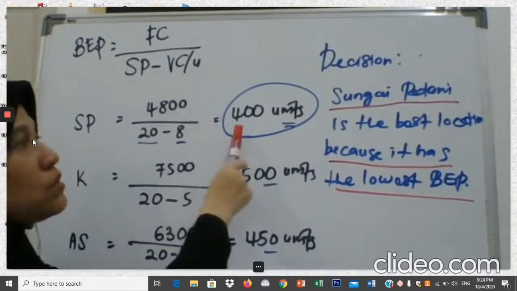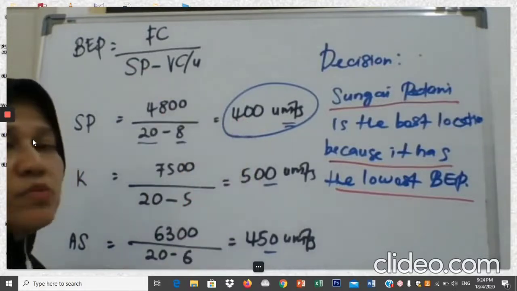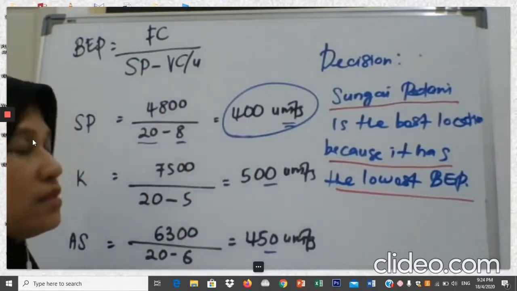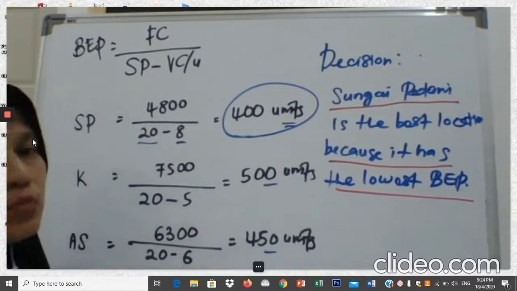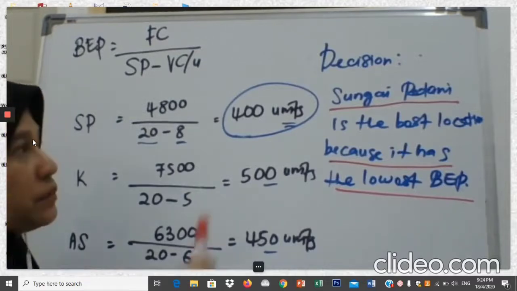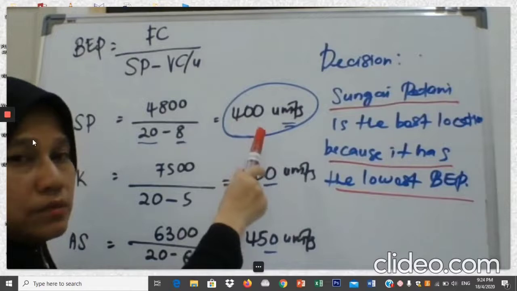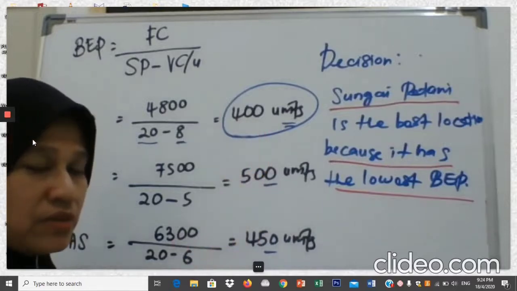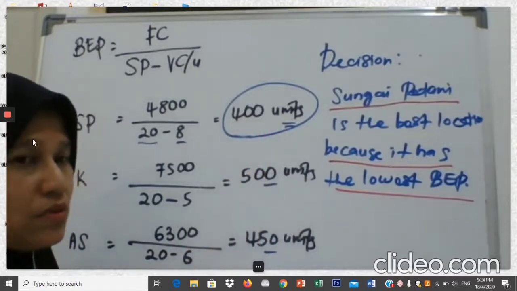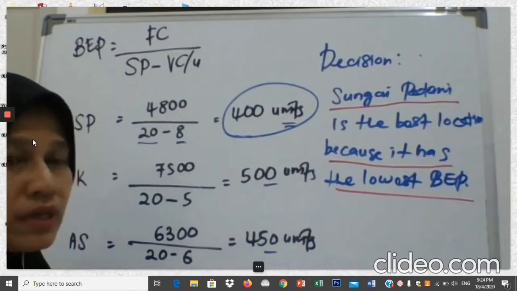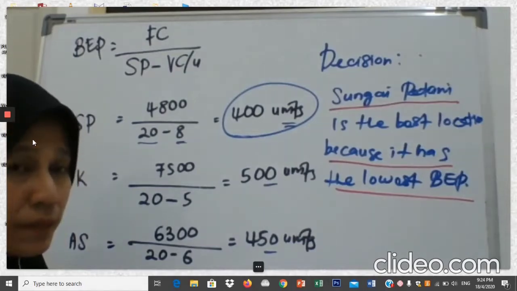Why lowest? Because by having the lowest break-even point, it indicates that this location can generate profit faster. When the company produces 400 units, the company will break even, meaning zero profit, zero loss. So when will the company start making profit?